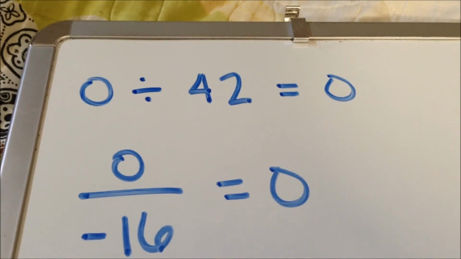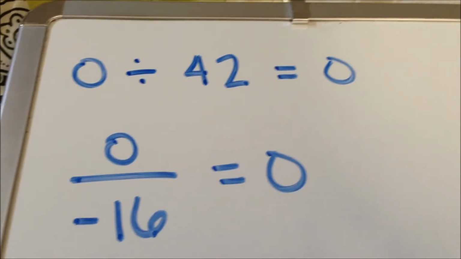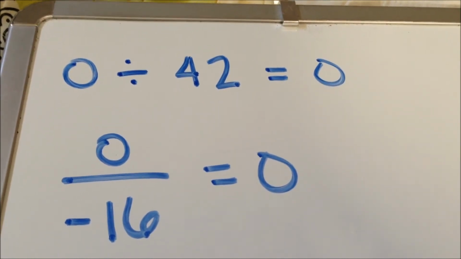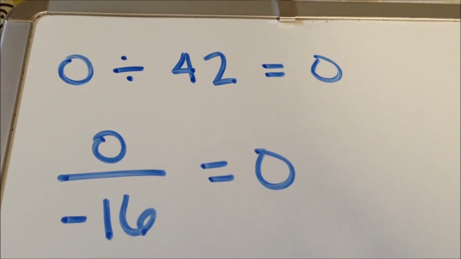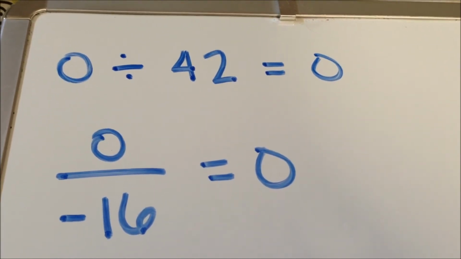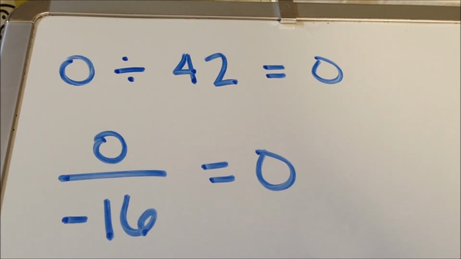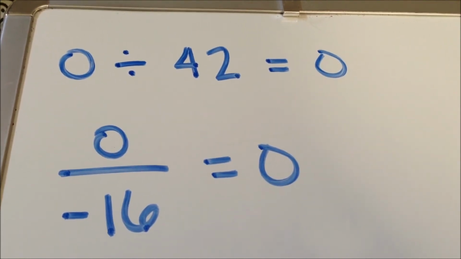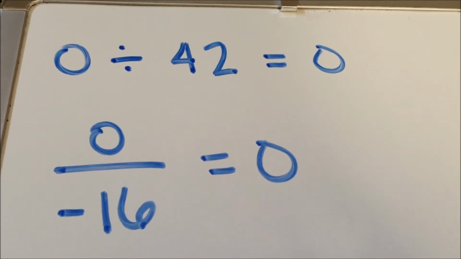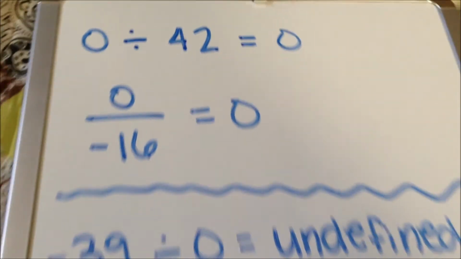Let's talk now about division involving 0. When 0 comes first in a division problem, or when it's written as a numerator of a fraction, then your result is 0. For example, 0 divided by 42 equals 0, and 0 divided by negative 16 also equals 0. Those are acceptable.